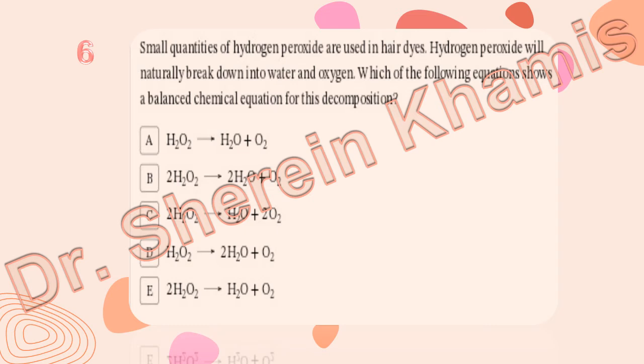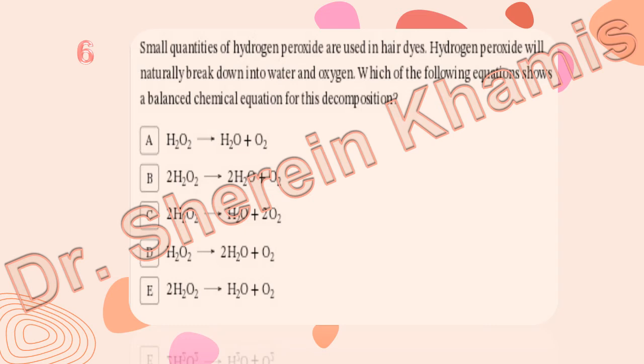We have two atoms of hydrogen that we want to get in the product, and also two atoms of oxygen that we want to get at the end of the reaction. We have the first equation: H2O2 gives H2O plus O2.